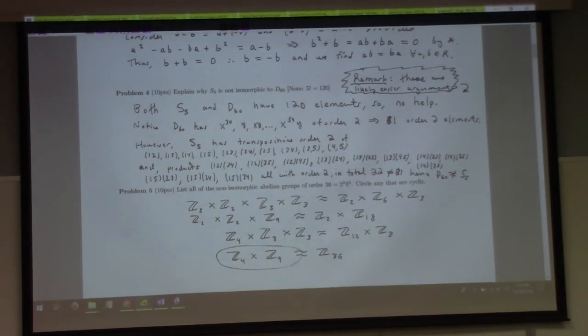That gives you 5 options with the other one, and then you divide by 2. That gives me 15, and 15 plus 10 is 25. There are 15 of them.